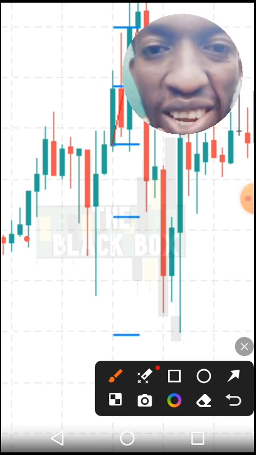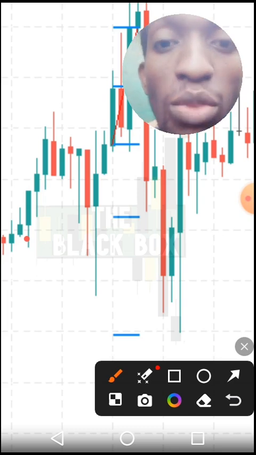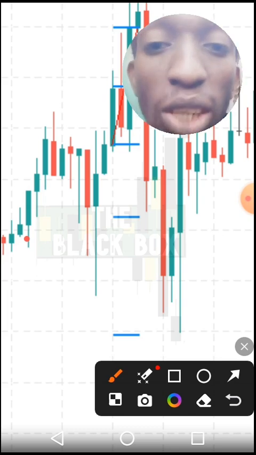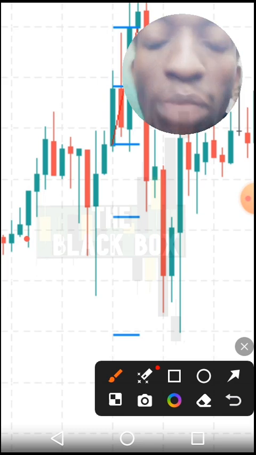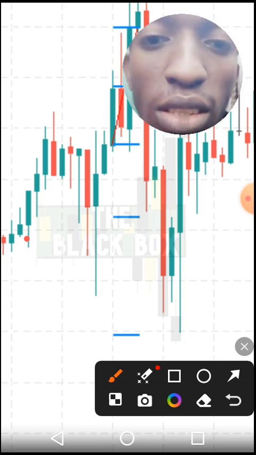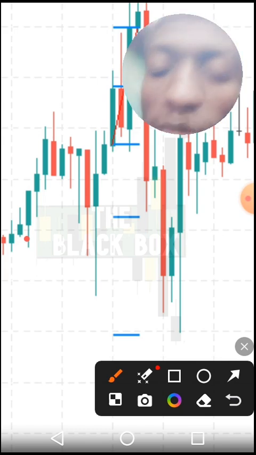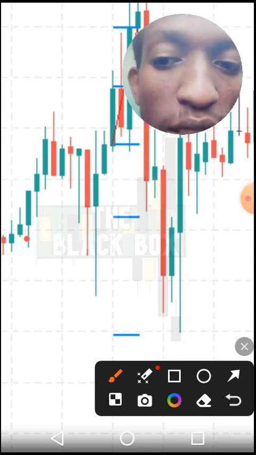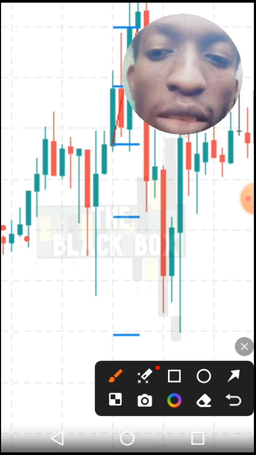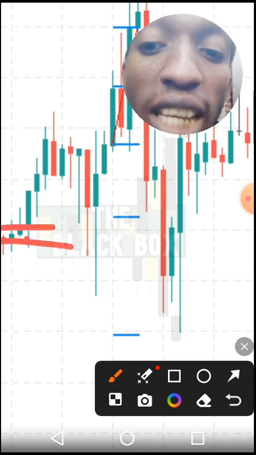It has to hit 78.6%, otherwise it cannot move up. It can move up, but it's not our setup. We will abandon it. So it did that. It moved up. That is a black box. You mark it, and then the next candle moved down, and then pumped up. Now it is time to buy.